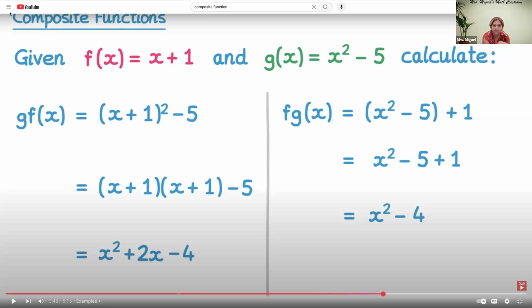Now, the first instance, we did g of f. So that simply means that the one closer to the x, that was the replacement into the g function. On the opposite side, we have fg of x. So the g function is replaced into the f of x, right? So that is something that we must know.